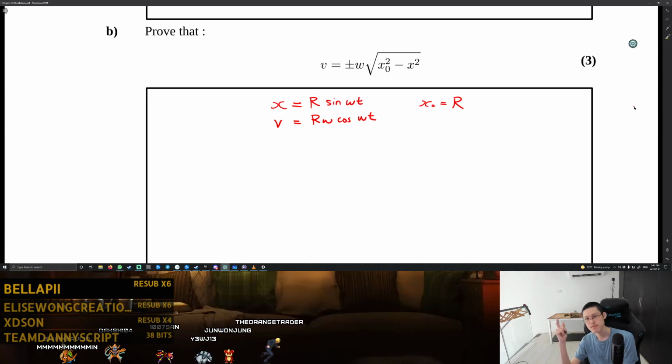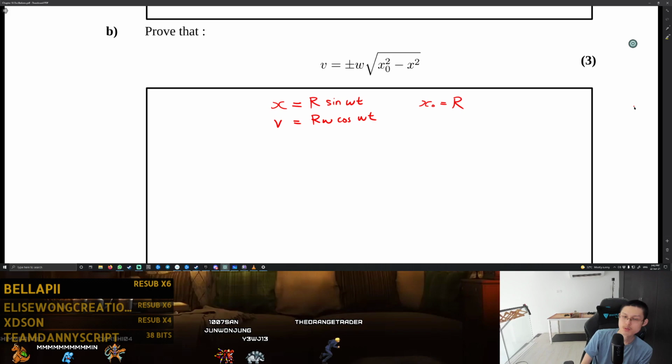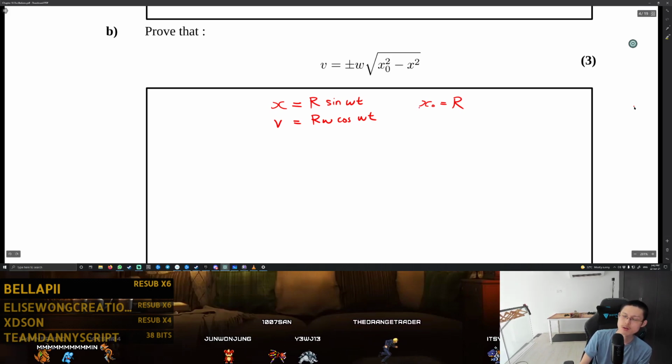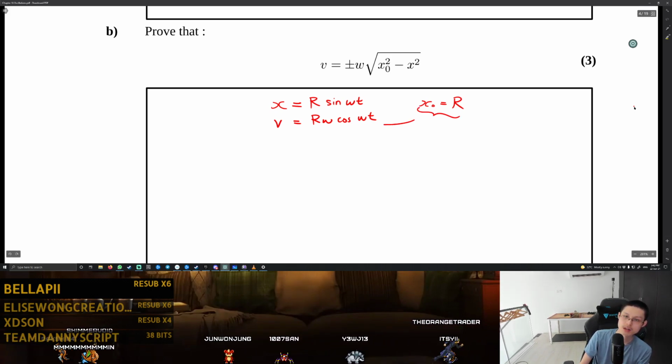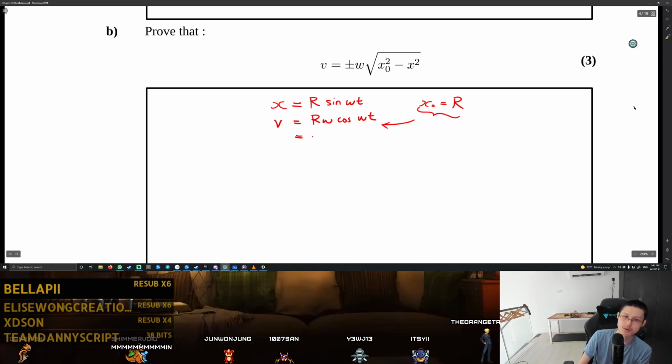Oh, I get it. So we know that the maximum displacement is r, so we can put that into this, which will give us x naught omega cos omega t, right?